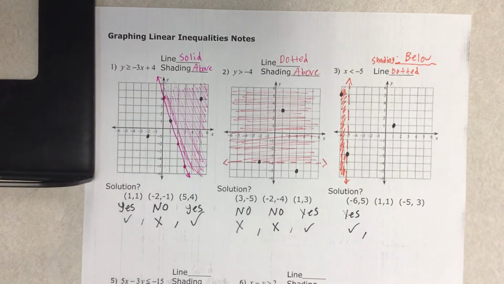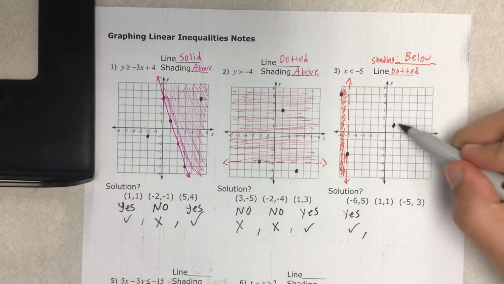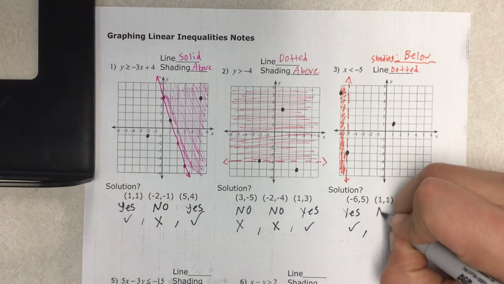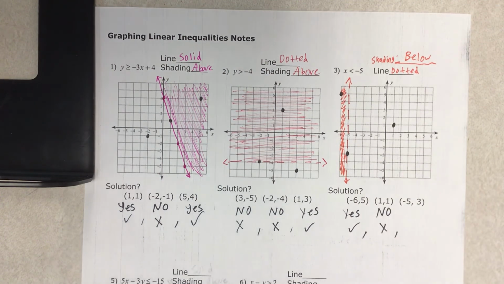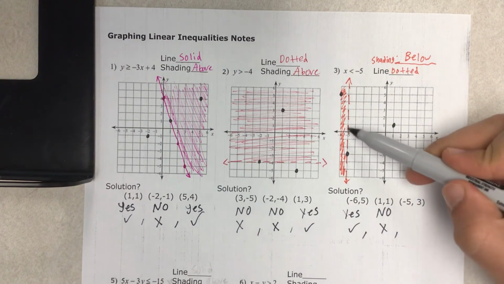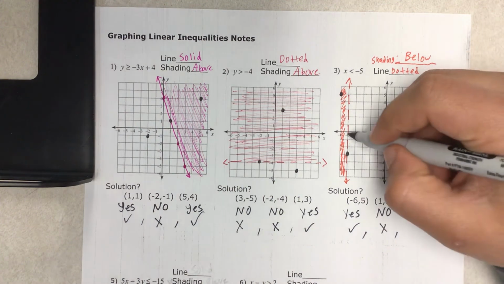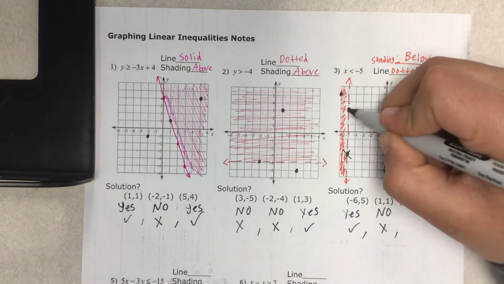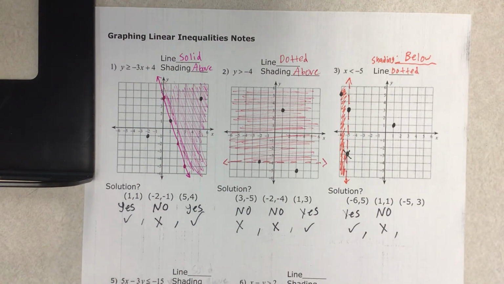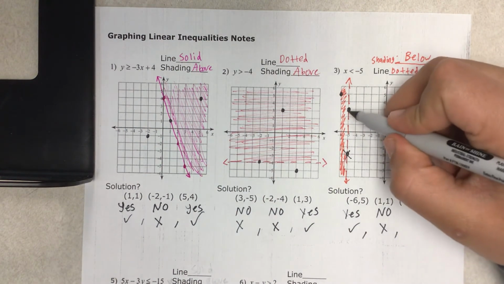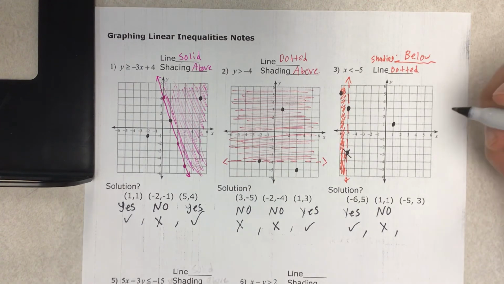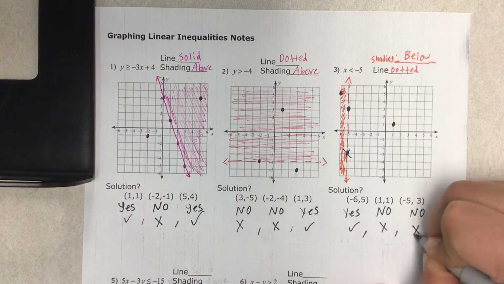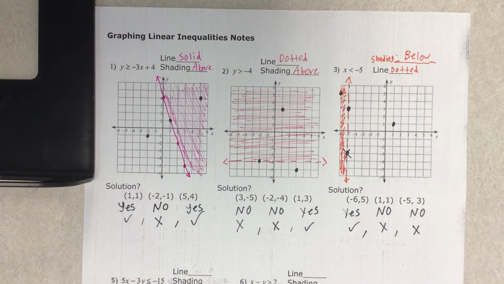Yes. 1, 1, right here, clearly not in the shaded, or not anywhere near the line, so this is a no, not a solution. And then -5, 3. -5, ooh, I graphed that wrong. -5, 3 should be up here. My bad, not that one. So -5, 3 up here, okay? That is on a dotted line. So remember, if it is on a dotted line, that is no, not a solution, okay?